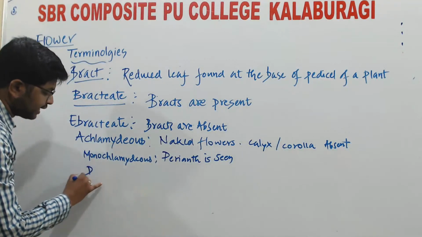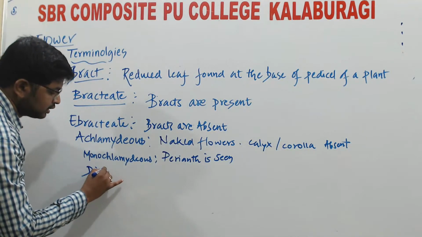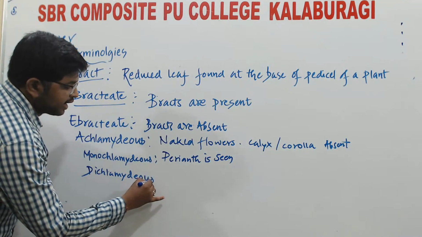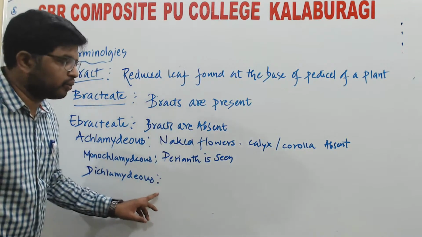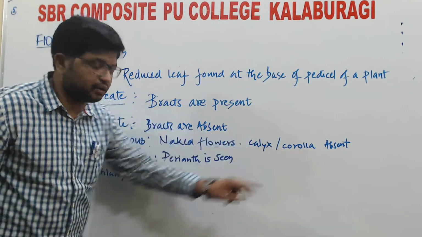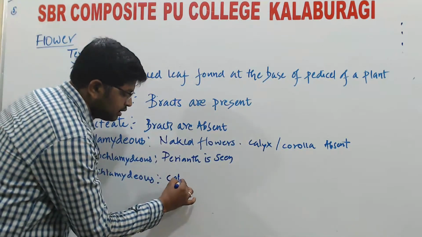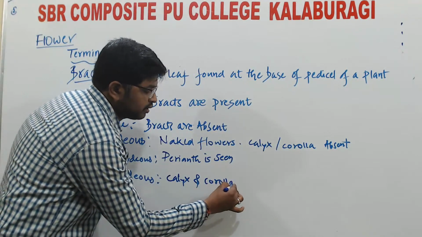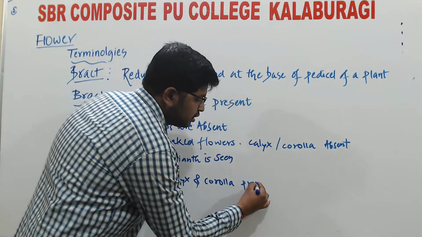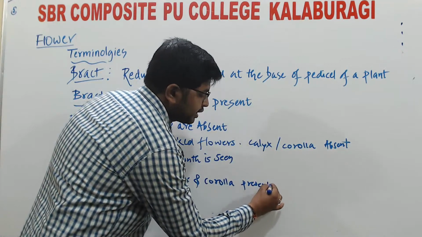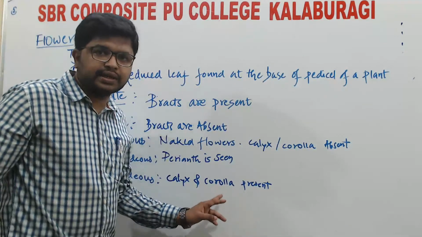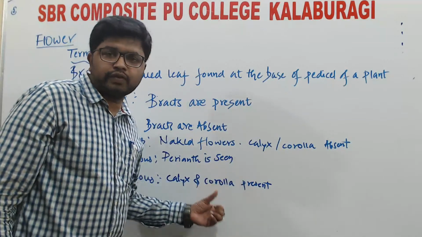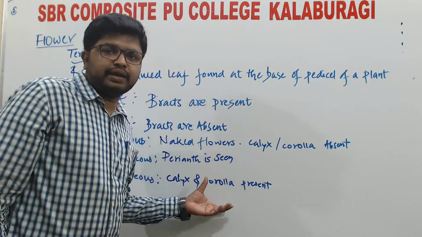Similarly, you have dichlamydeous flowers, meaning both the calyx and corolla are present, and the flower looks attractive because it has all the components. Such a beautiful flower, we also call a complete flower.